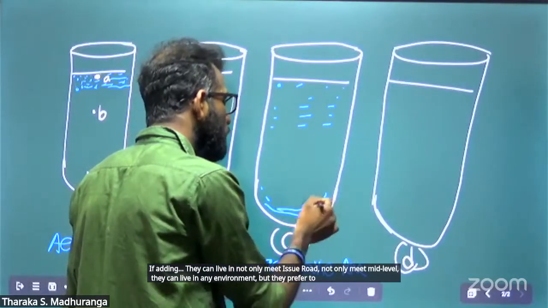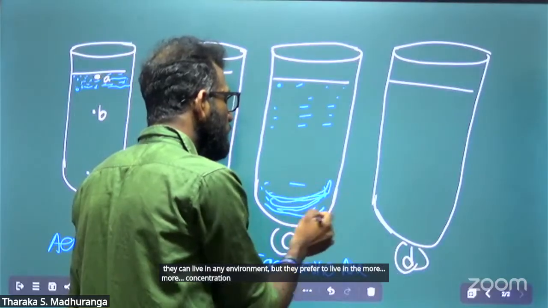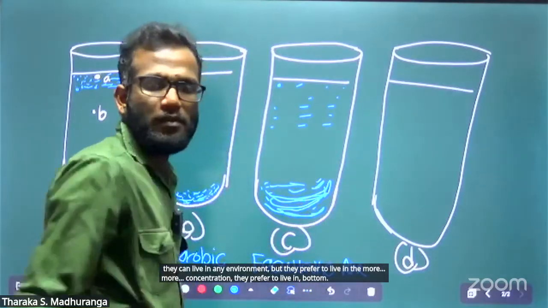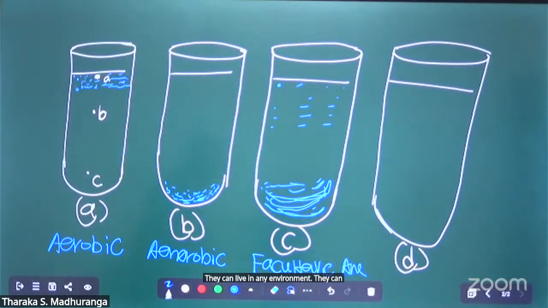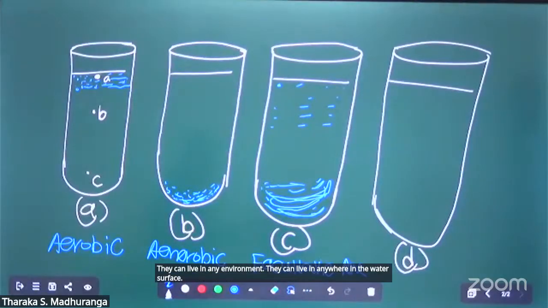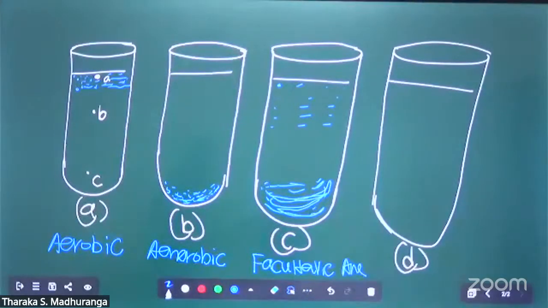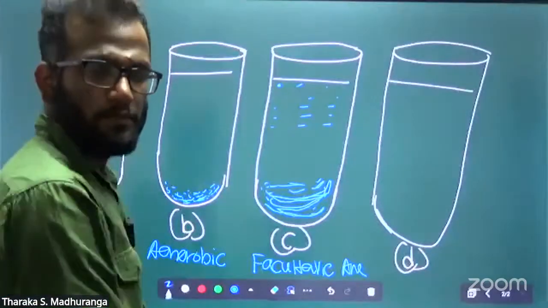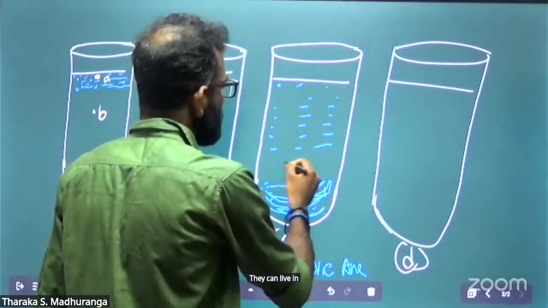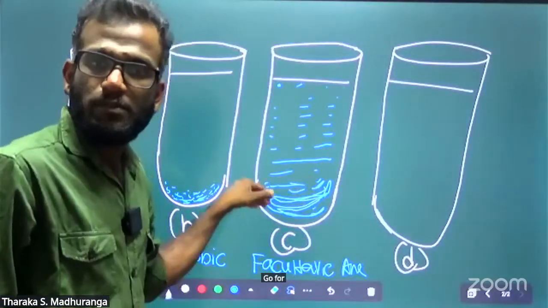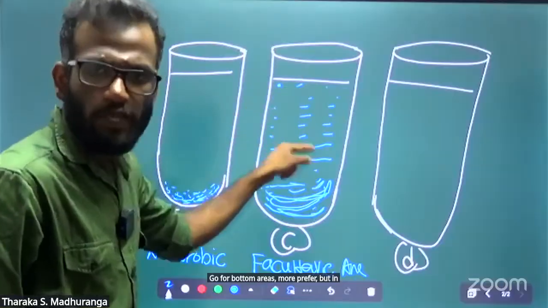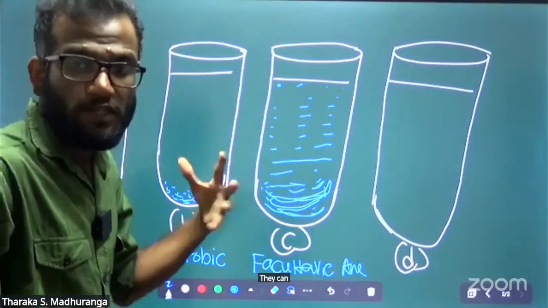In the upper surface also they can live, as it is not a toxic condition.